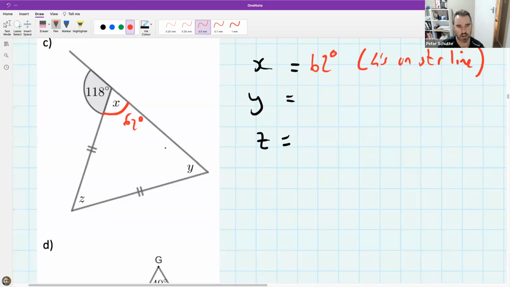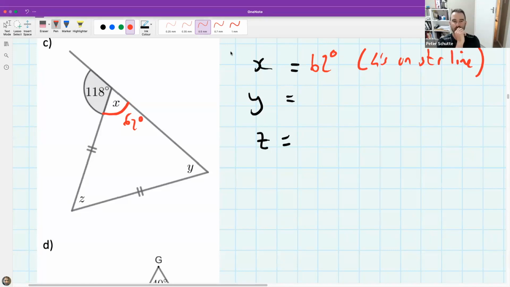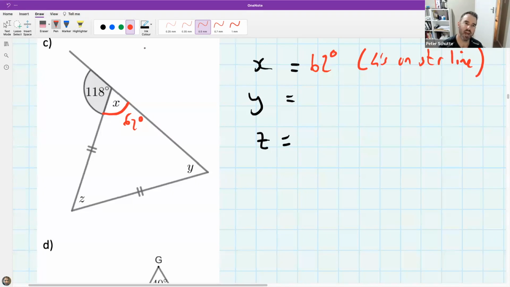So angles on a straight line, yep. Fantastic. What about Y and Z? What are those going to be? Well, same thing as last time. These are equal sides. And so that one must be the same as that one.